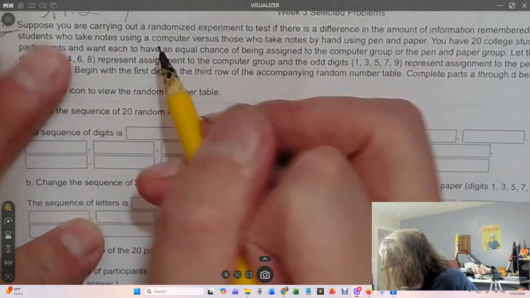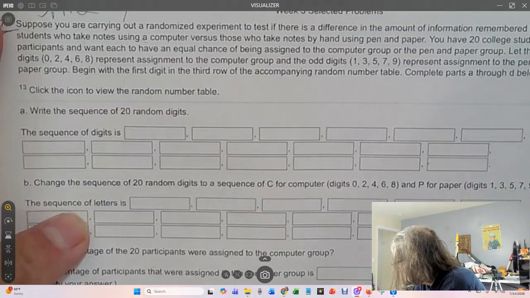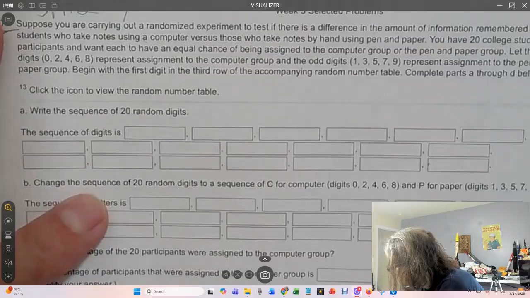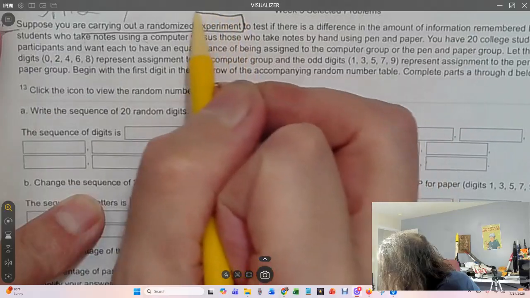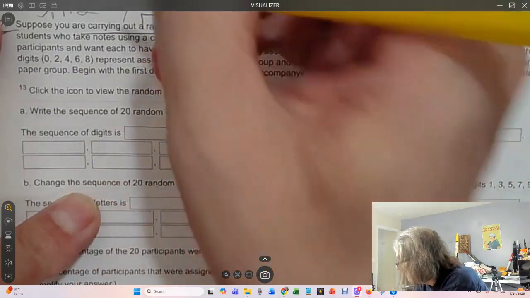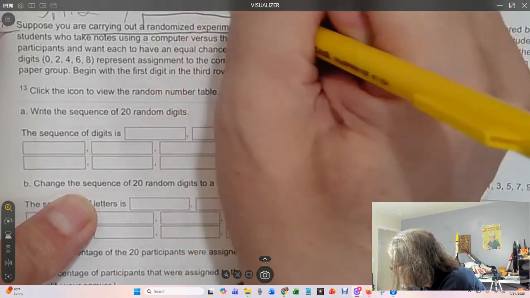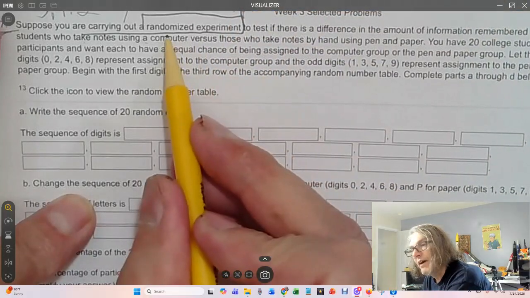Anyway, we want to carry out, as it says right here, a randomized experiment. Remember, I think that's the design of experiment from the beginning, right? You had to randomize it, right?